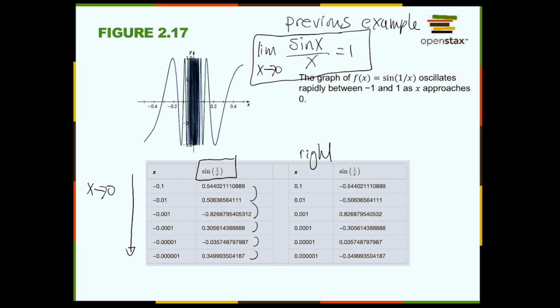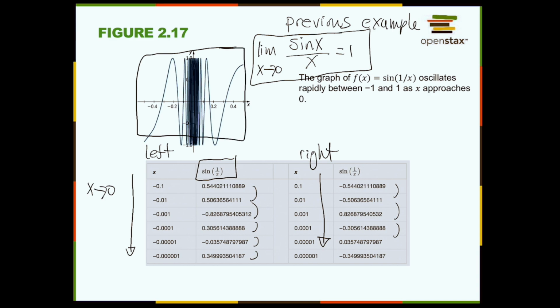The same thing happens as you're approaching from the right. As the values get closer and closer to 0, you're bouncing back and forth between negative and positive numbers, and there's no real pattern where you can see a clear-cut answer where you're approaching a specific value.